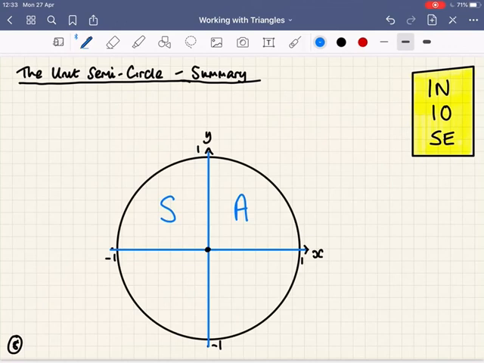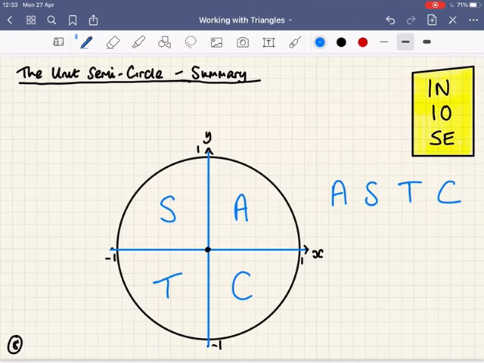In the third quadrant, only the tan ratio is positive. And in the fourth one, only the cosine ratio is positive. So this little ASTC is something that's very important to remember. Find a way of remembering it. All students take CAS. All stations to Cairo.